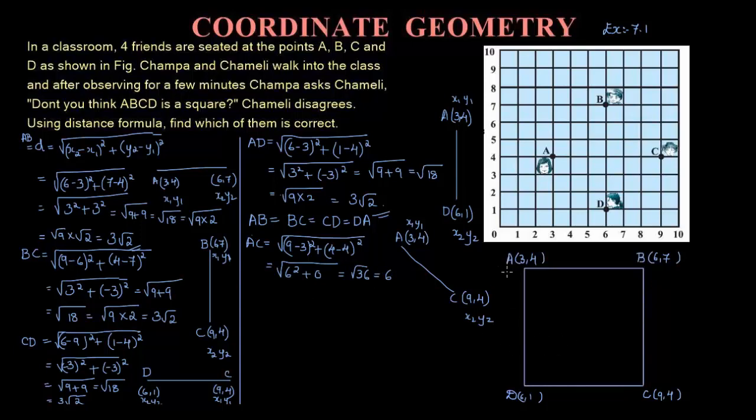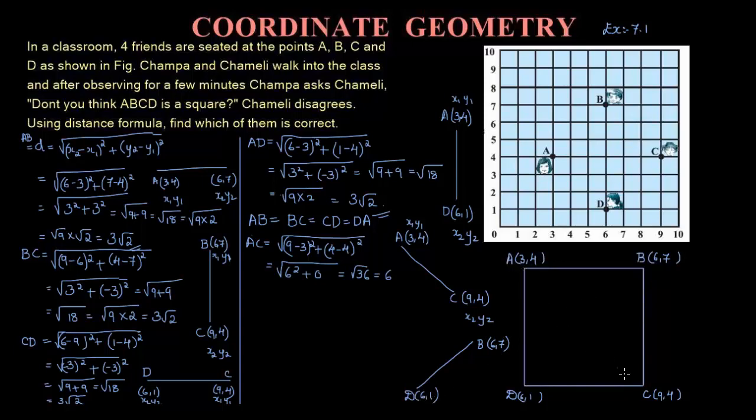Now if I am coming to the last part of the question, that is the diagonal BD, right? So let me draw the diagonal BD. Here B has the coordinate 6, 7, and D is having the coordinate 6, 1.